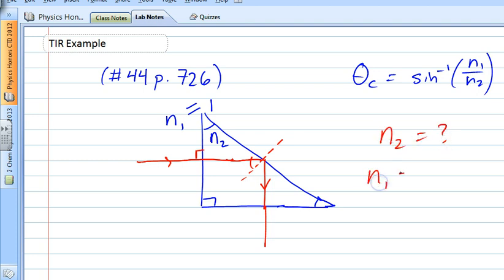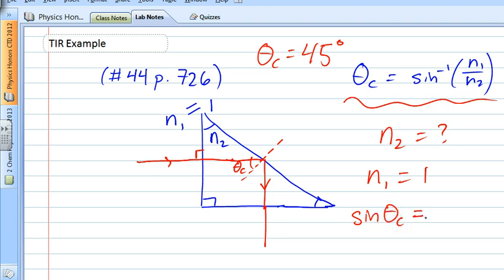So let's say that N1 is equal to 1. Okay, now the critical angle is going to be this angle right here. And because of the geometry, theta critical is going to be 45 degrees. So this makes it pretty easy. Okay? So basically, we can take this equation and rewrite it and say that the sine of theta critical is equal to N1 over N2.